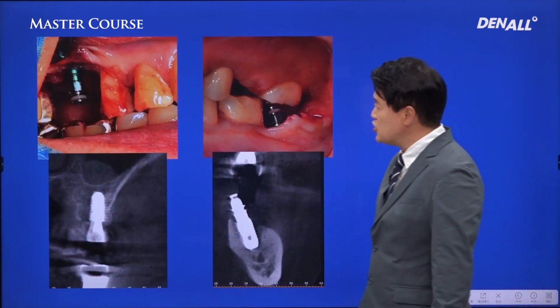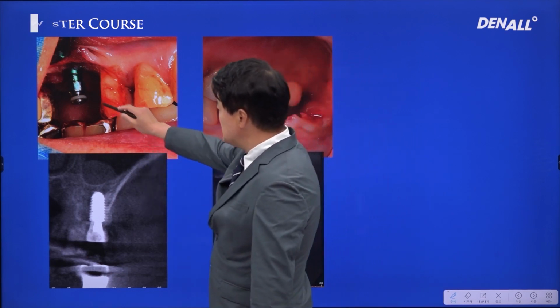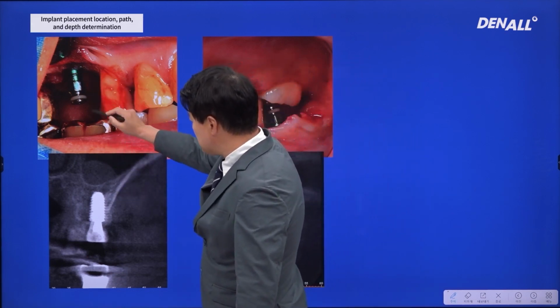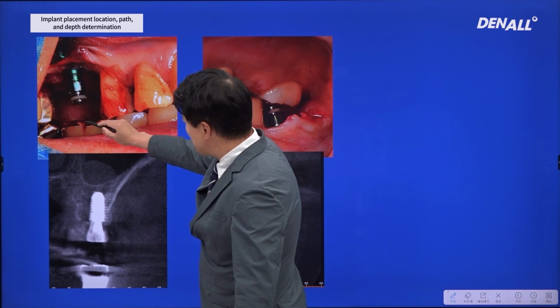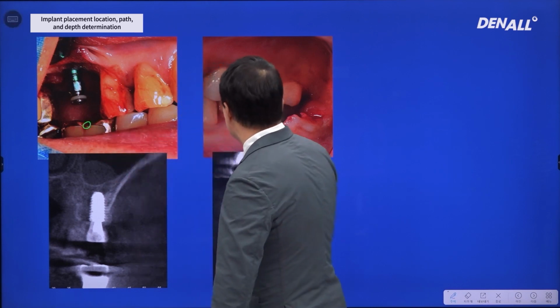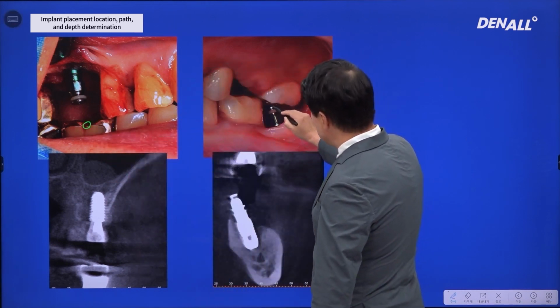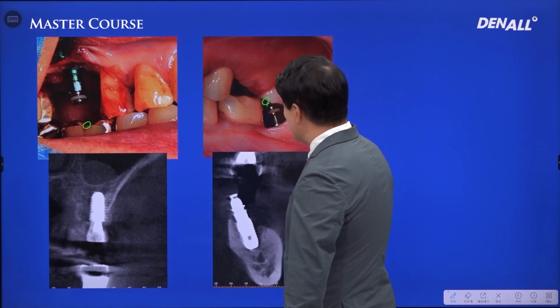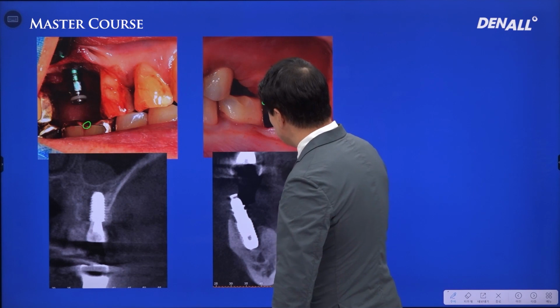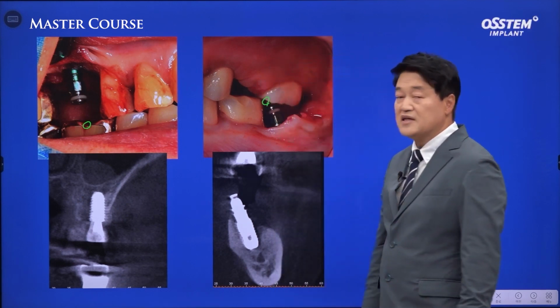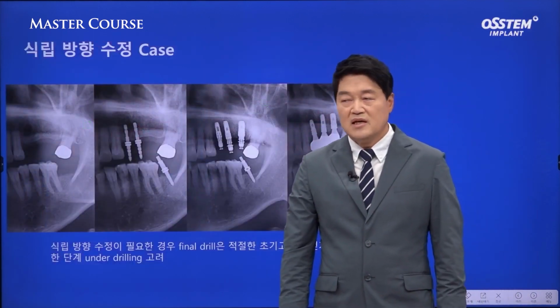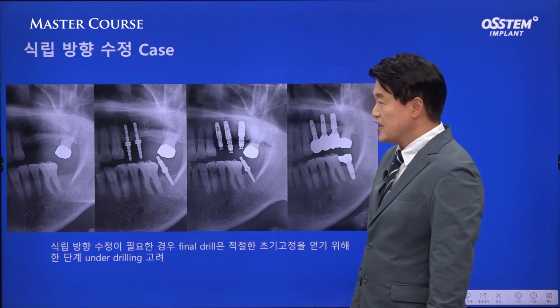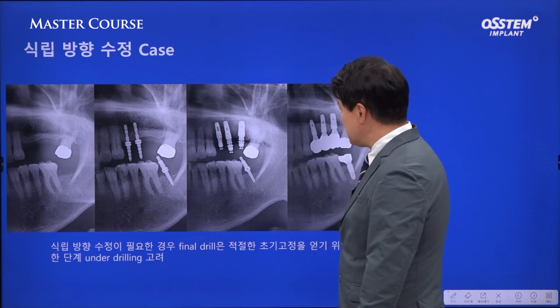If you look here, an implant is placed in the maxilla, and it is toward the buccal cusp of the lower posterior. And if an implant is placed in the mandible, it is toward the palatal cusp of the upper tooth.